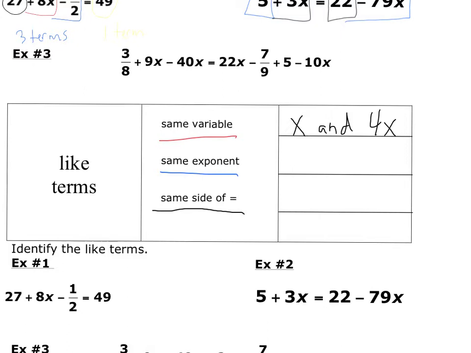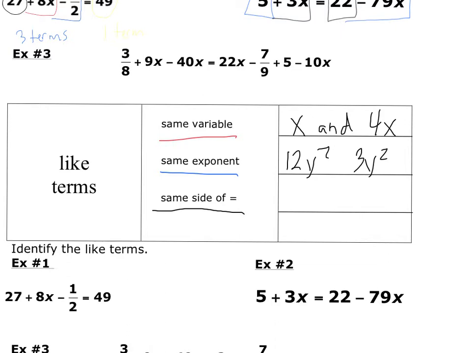Another type has the same exponent. If you have something that has the same exponent and the same base, you can add them together. An example of that would be 12y squared and 3y squared. Sometimes you'll have ones on the same side of the equation that are just numbers or fractions or integers.